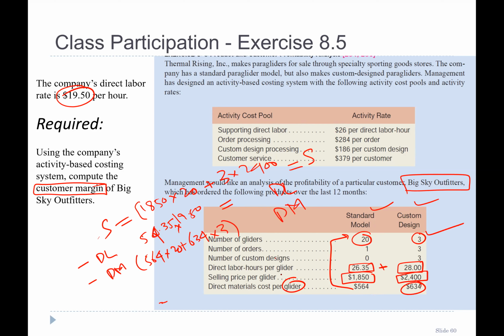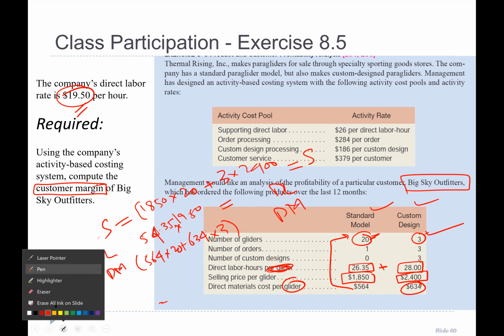Oh, sorry. It's per glider. Yeah, per glider. 26.35 multiplied by 20 and 28 multiplied by 3, then multiply by 19.5. Okay, guys? That is per glider. Sorry, I didn't see that one.